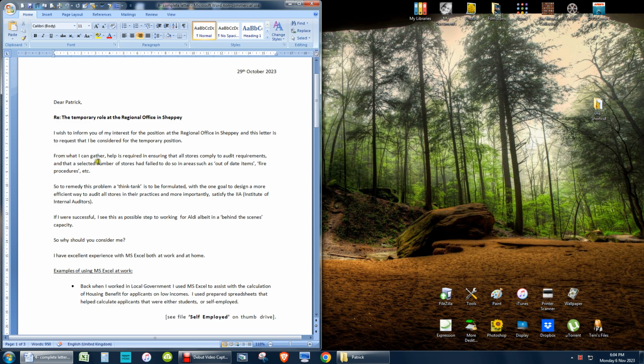From what I can gather, help is required in ensuring that all stores comply to audit requirements, and that a selected number of stores had failed to do so in areas such as out-of-date items, fire procedures, etc. So to remedy this problem, a think tank is to be formulated with the one goal to design a more efficient way to audit all stores in their practices, and more importantly satisfy the IIA, Institute of Internal Auditors.